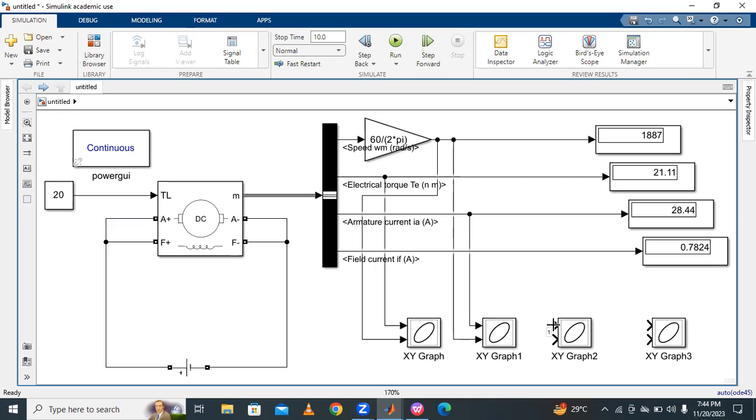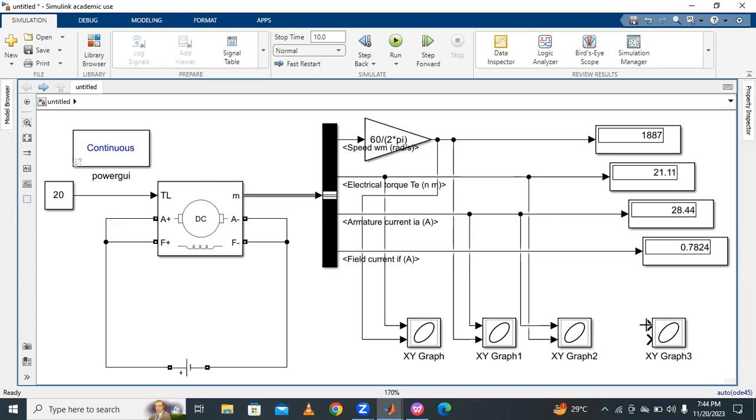Then the third one, torque versus IA characteristics: armature current is on the x-axis and torque is on the y-axis.